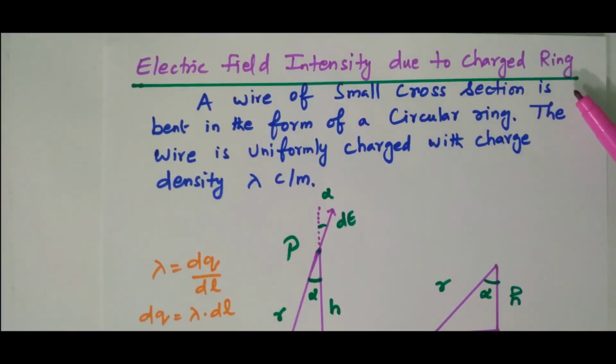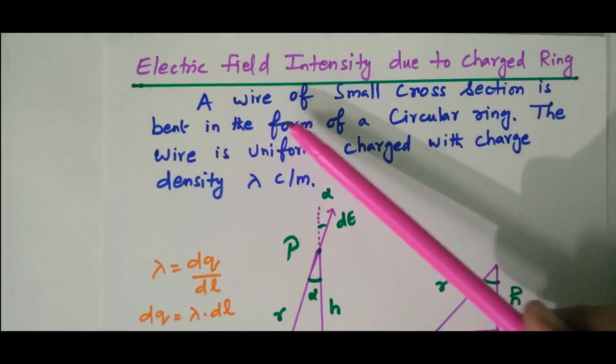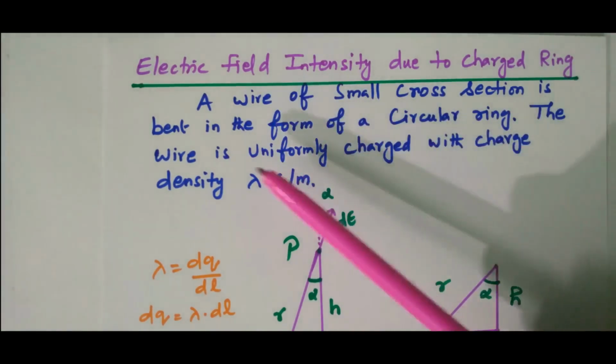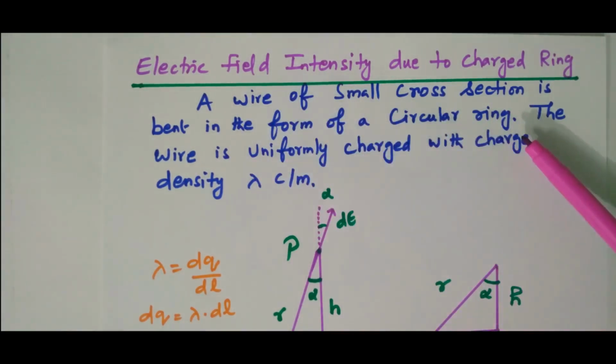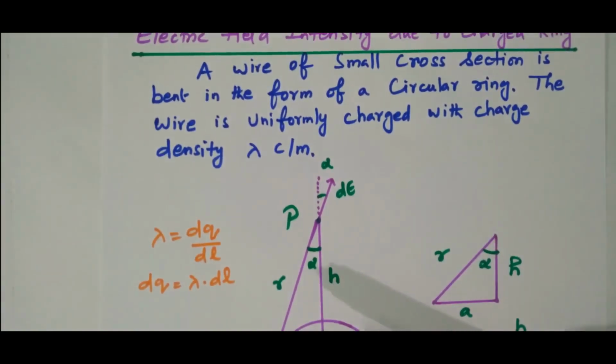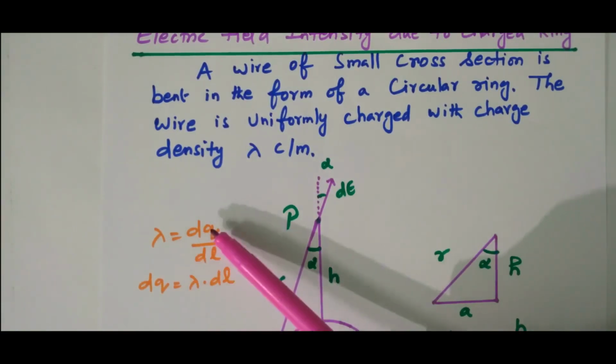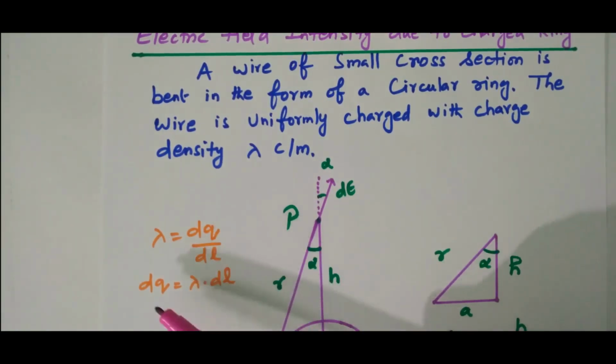What is this charged ring? A wire of small cross section is bent in the form of a circular ring. One lengthy wire is available, two ends are joined together to form the circular ring. Here the wire is available, so we are using linear charge density, lambda equal to dq by dl, so that dq equal to lambda into dl.